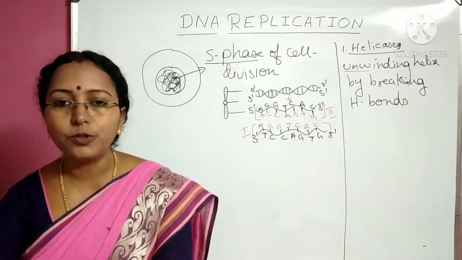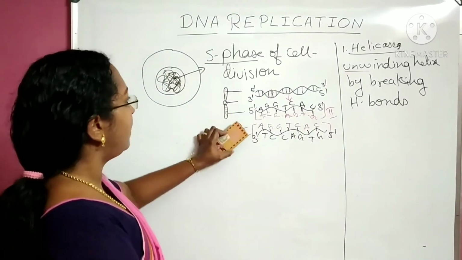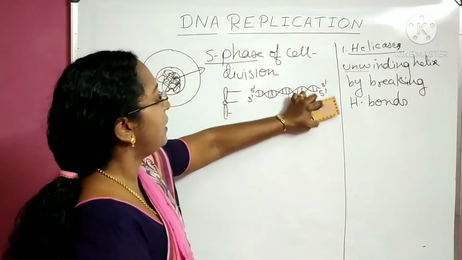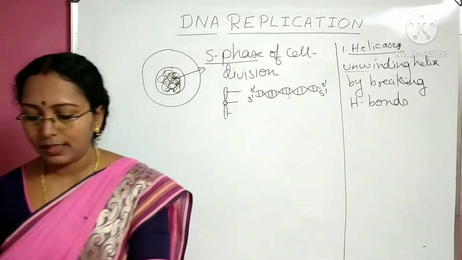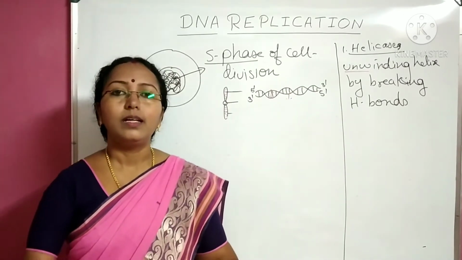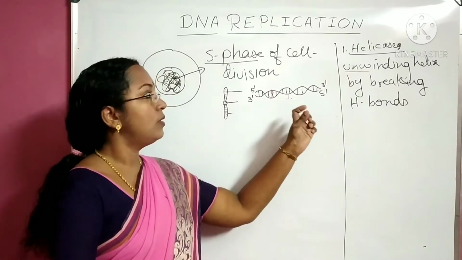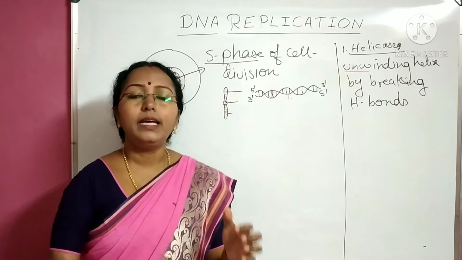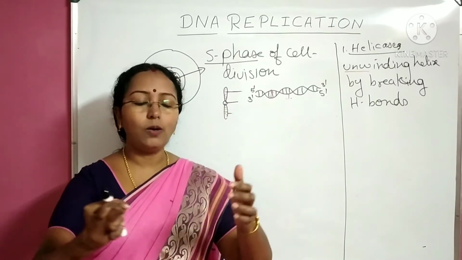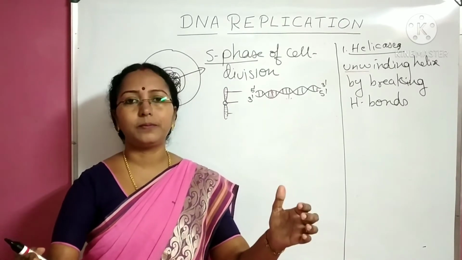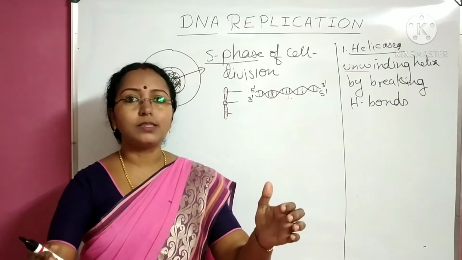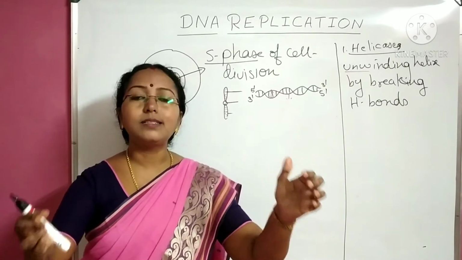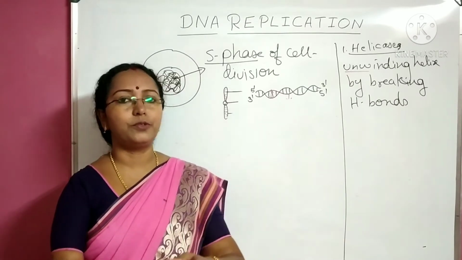As I have told you, the first step, unwinding of the DNA helix, is done by the enzyme helicases, but the effect that the helicases has done will go futile if the DNA strands are not able to keep themselves separated. So there are some forces which keep the unwound DNA strands separated. Let us look into those.